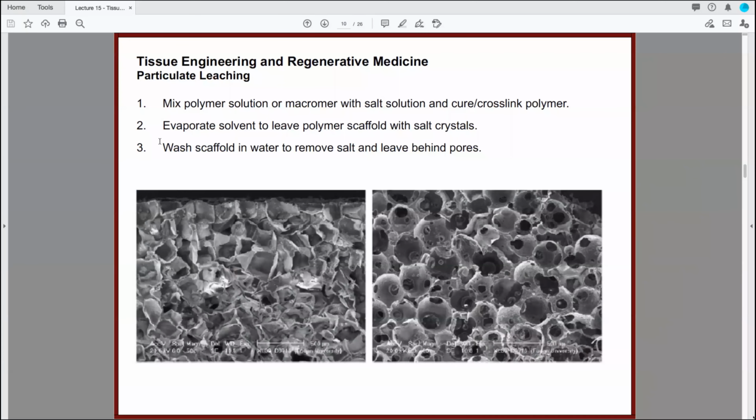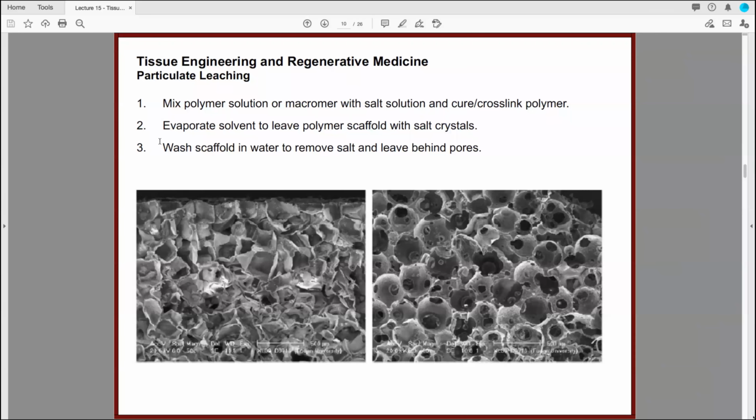So there's other ways of generating these porous scaffolds, and the second way is to do this particulate leaching. The particulate leaching method is to mix a polymer solution or the macromer in the presence of a salt solution. You can cure and cross-link the polymer. And then you evaporate the solvent to leave the polymer scaffold with salt crystals inside.